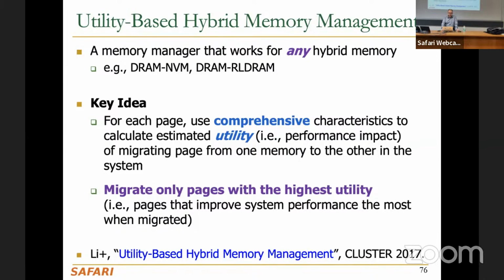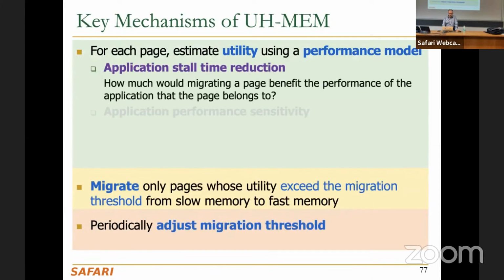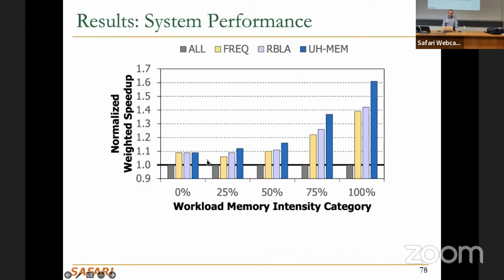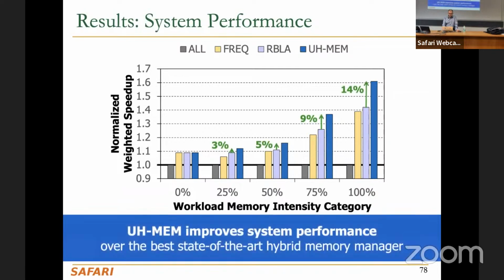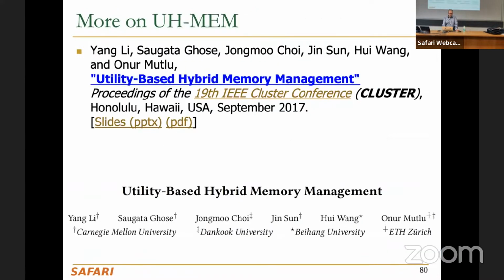How we define this utility metric and how we capture and calculate it requires some modeling. You need some performance model at runtime. Here you can see a formula for that, and based on that, you make your decisions. You can learn more about it as part of your potential reading, which you can do from homework 3, I guess.